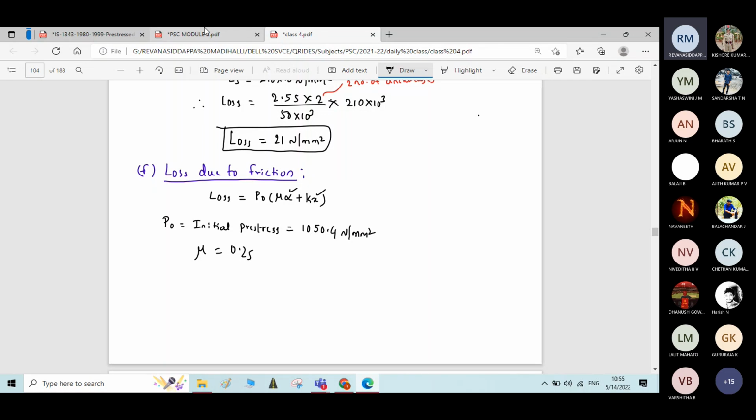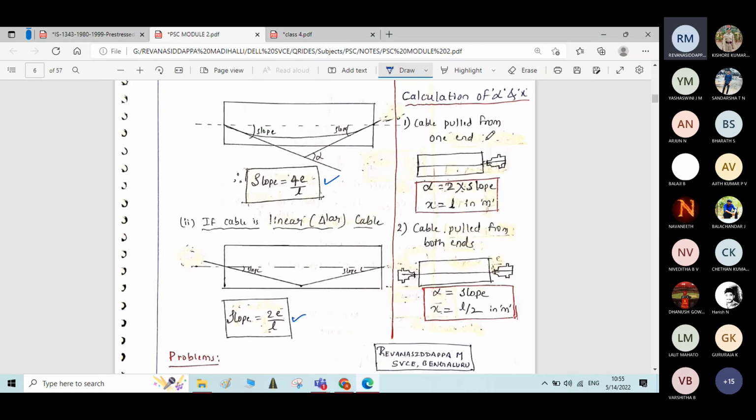If the cable is pulled from only one end, then alpha is 2 into slope and x is taken as the length of the beam. If the cable is pulled from both ends, then alpha is equal to the slope calculated based on the cable profile, and x is taken as L by 2, the total length of the beam divided by 2.